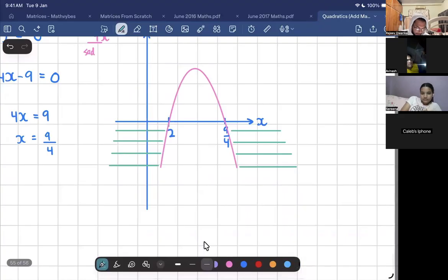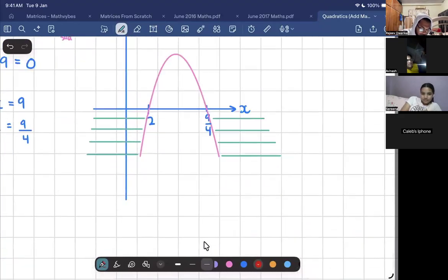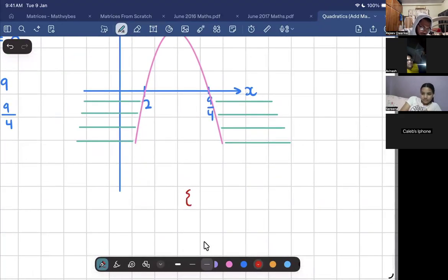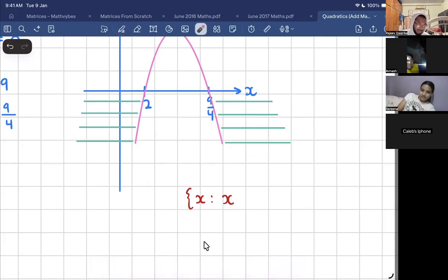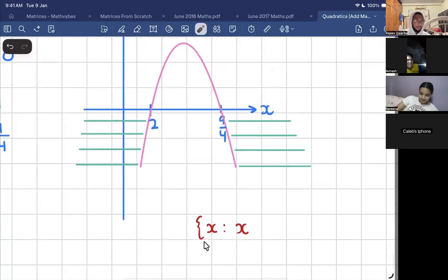So what is my range of solutions going to be? How am I gonna write that? Avinash? I think that was x equals, wait. No equal here. This is a range of solutions. Avinash, if we're shading over here, we're shading values that are what? Less than 2.